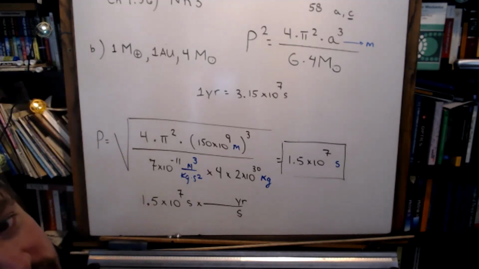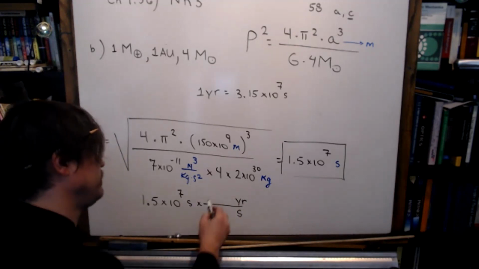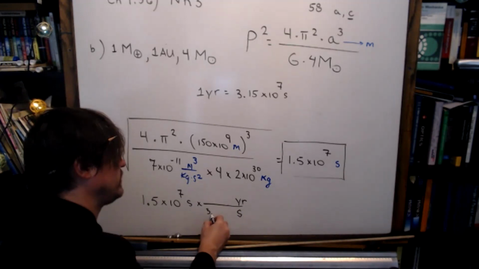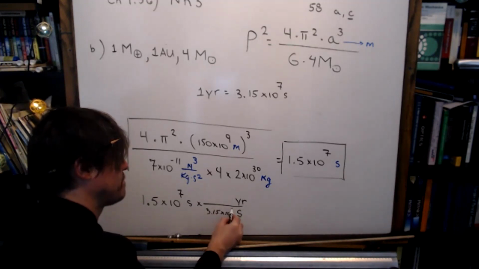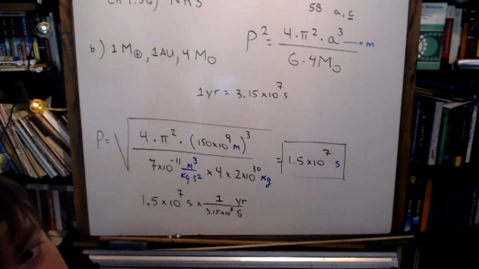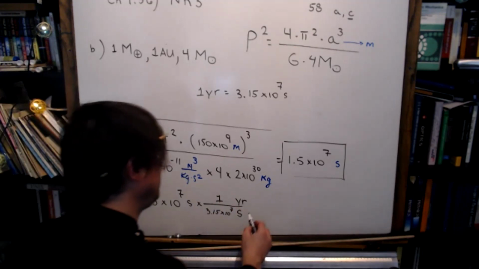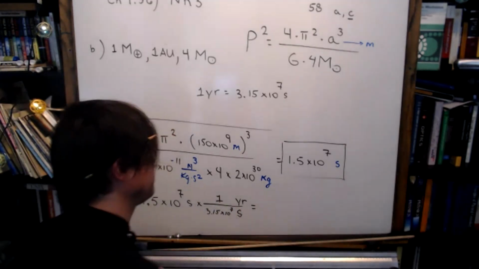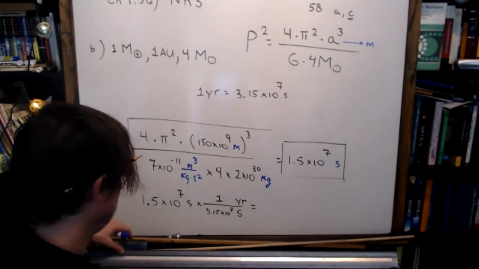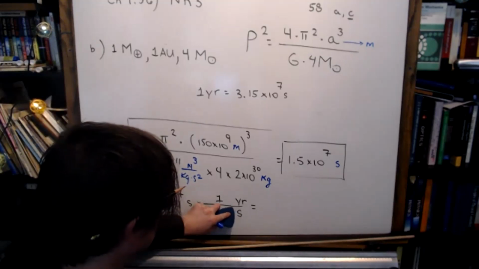Just scientific notation is fine: 3.15 times 10 to the 7 on the bottom. What goes on the top? 1 year. Boy, if only Adam had had that, that would have made his job easier. Okay, punch it in. Tell me how many years you got. That's a little tiny. I'm going to try to write that bigger.